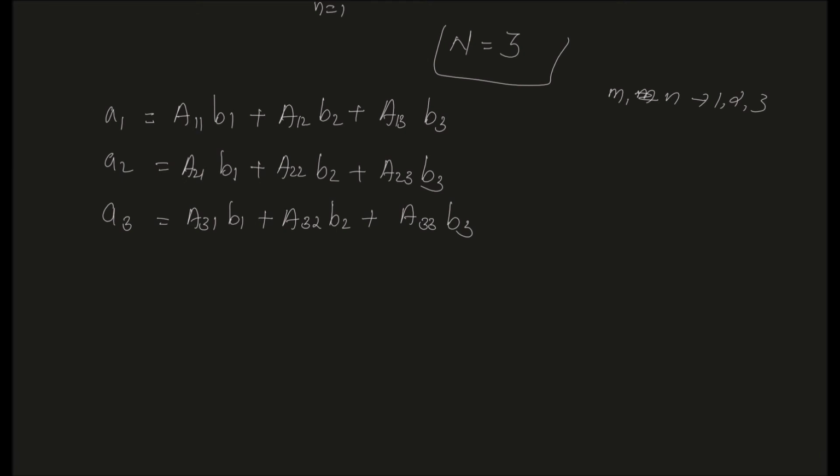So this can be written in a more convenient or compact form like this, in a matrix form. You can write it as a1 a2 a3.